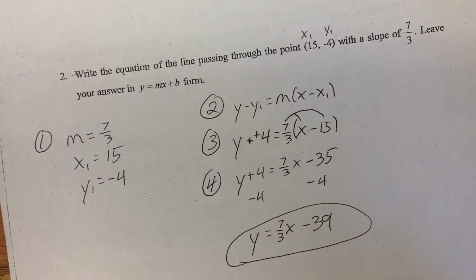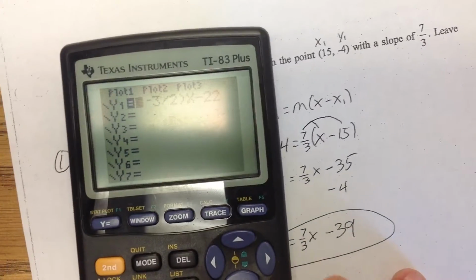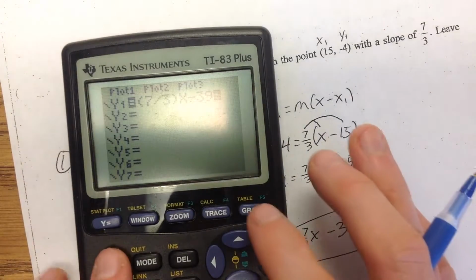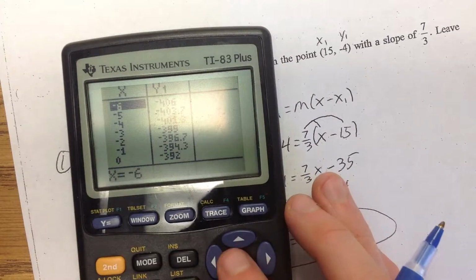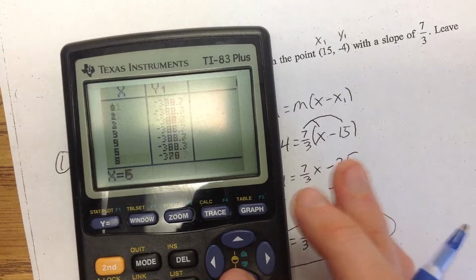Now again, it's really quick to check these, so especially on quizzes and tests, you just go to your y equals. We're going to type in 7/3 x minus 39. We're going to go to second graph, and then look at the point where x is 15.